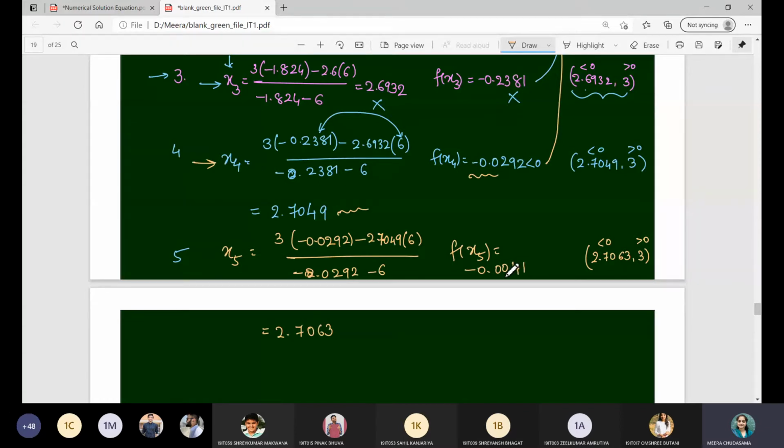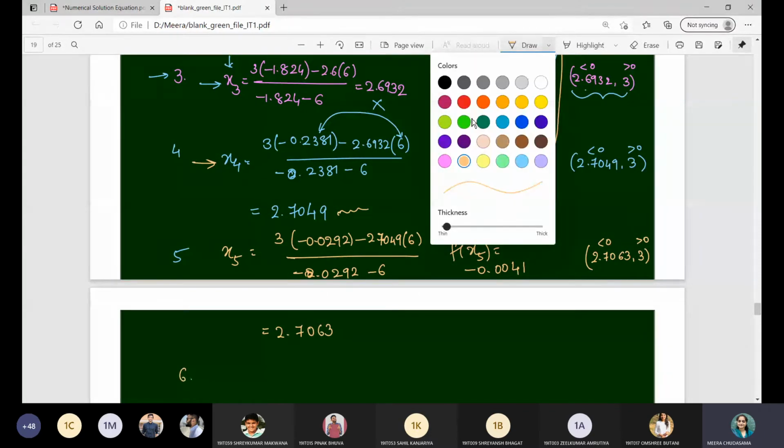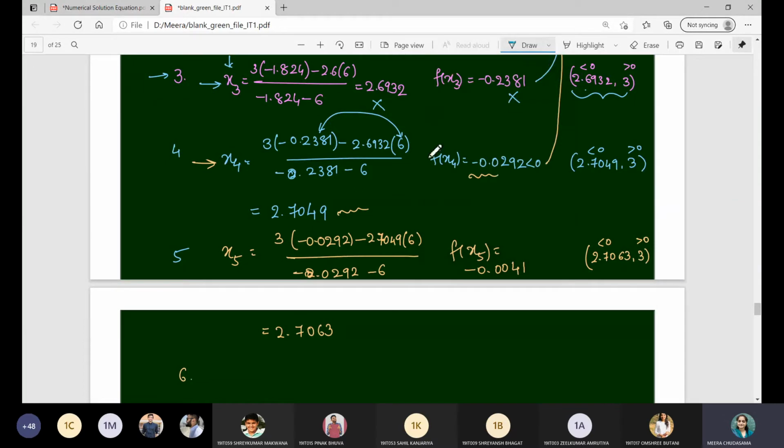We have to go correct to 3 decimal places, right? So in that case you will observe that x4 is 2.704 and x5 is 2.706, so still we have a difference of 0.002. So let us consider x6 and see what will happen to it.